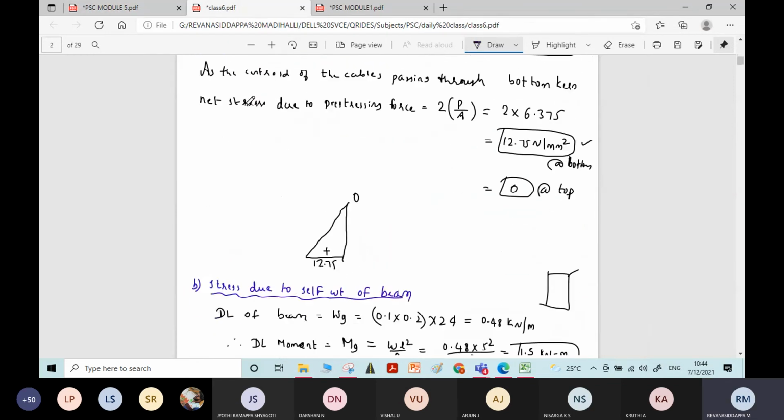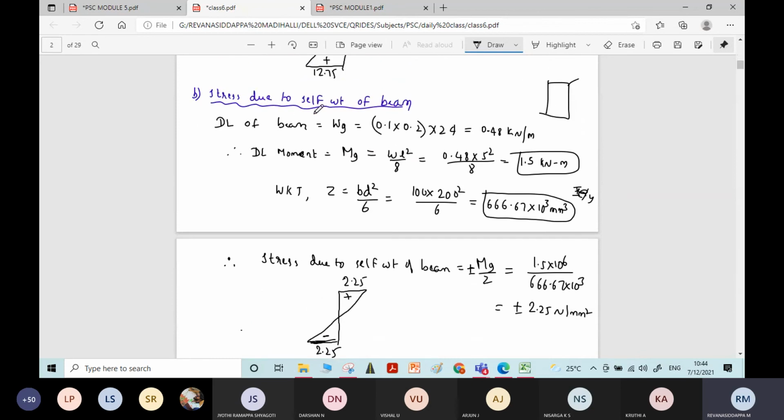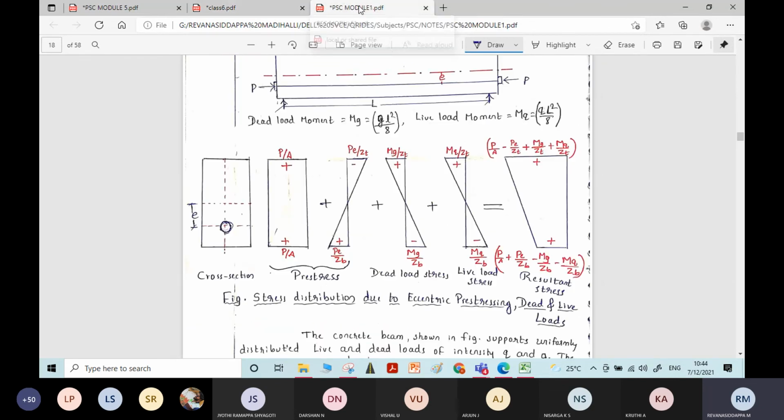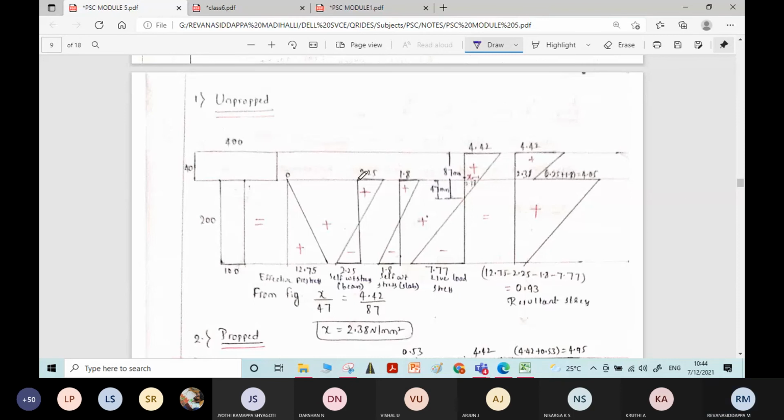Then, A is over. B is stress due to self weight of the beam. Here we have the diagram, plus 2.25 and minus 2.25. That I have written.